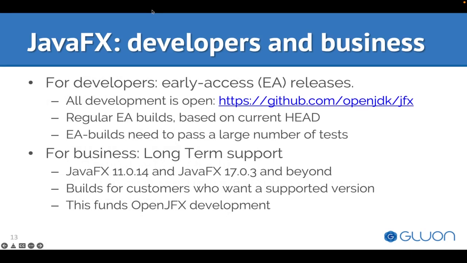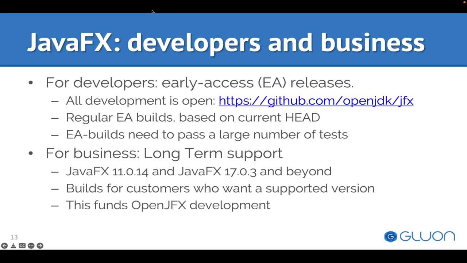We make a distinction between JavaFX for developers and JavaFX for business goals, because developers typically want early access releases. They want to test everything, and in business and production environments, they want stability and long-term support. Now, in the end, it's about the same code which is available in OpenJDK/JFX.